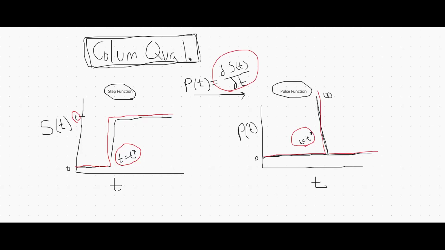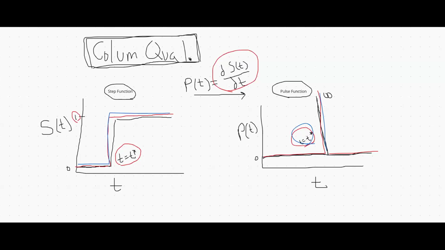That makes sense, right? If we look back at the step function, we're flat until time t star, and then we go up in a straight line, so that slope is infinity. So it makes sense that at time equal t star in the pulse function, our signal is going to go up to infinity.